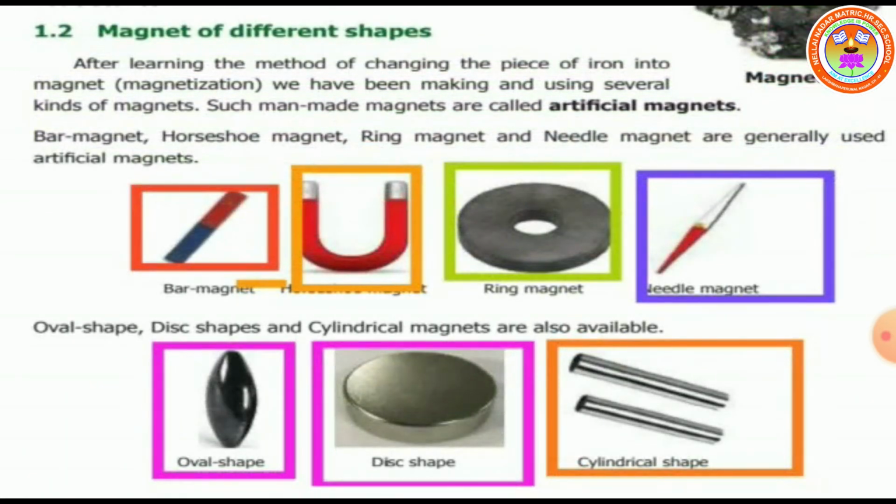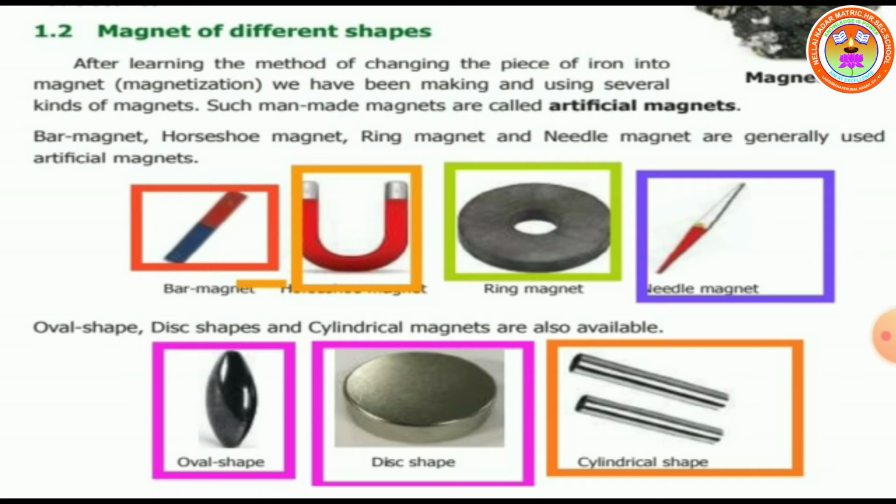Next, we are going to see magnets of different shapes. After learning the method of changing a piece of iron into a magnet, that means magnetization, we have seen making and using several kinds of magnets. Man-made magnets are called artificial magnets.